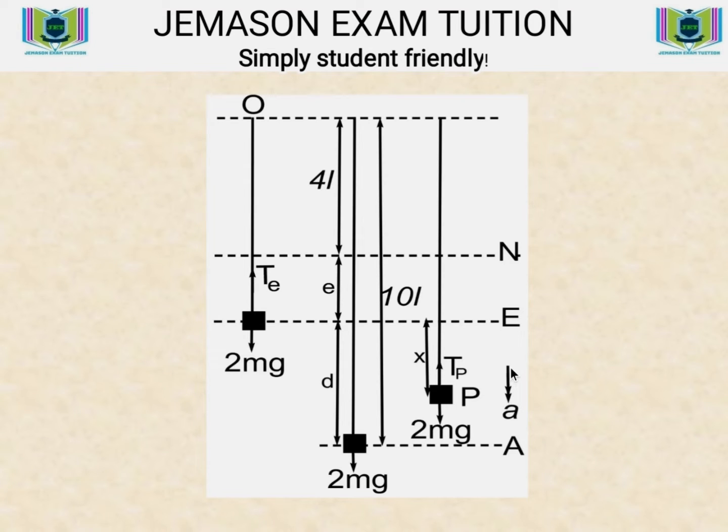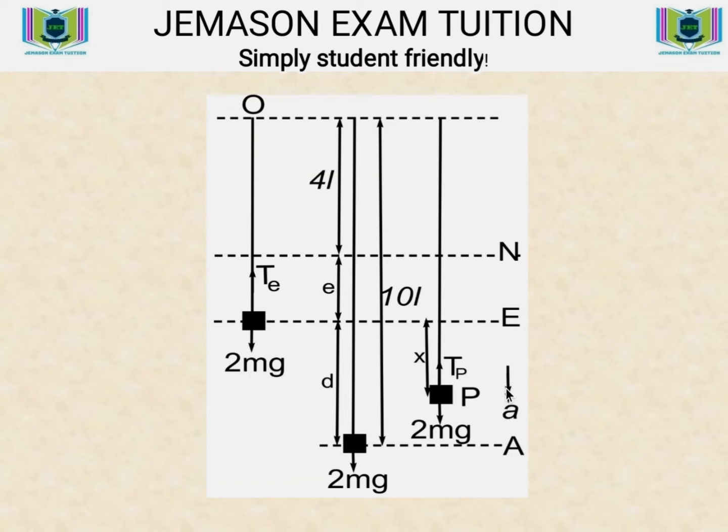Then we note that the direction of the acceleration is supposed to be the direction of increasing x. So it's pointing downwards because x is supposed to be increasing downwards.